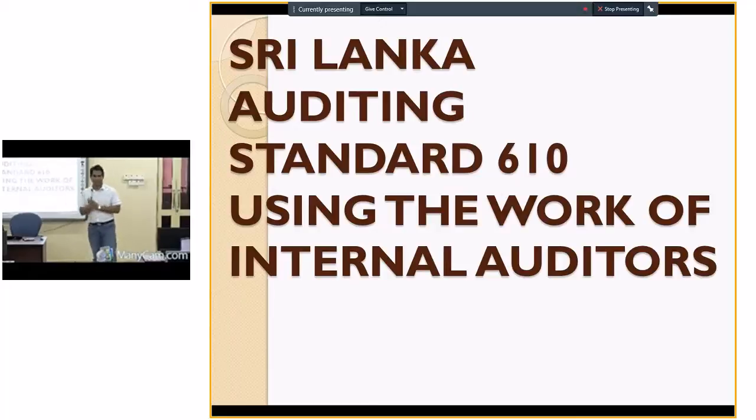What you want to do is select a research article in auditing, or any other area related to auditing, such as internal auditing, external auditing or forensic accounting, something related to auditing and assurance, and make a presentation on it.